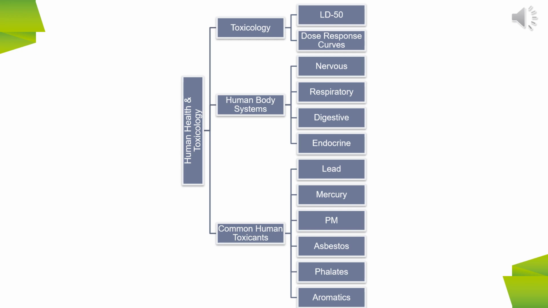We're going to look at this in terms of the LD50, or the lethal dose for 50%. We're going to look at dose response curves. We're going to look briefly at some of the major human body systems, such as the nervous, respiratory, digestive, and endocrine systems, and look at some of the most common human toxicants, such as lead, mercury, particulate matter, asbestos, phthalates, and aromatic compounds.